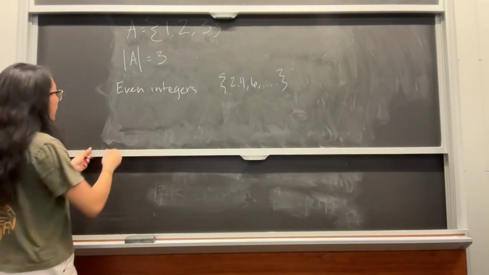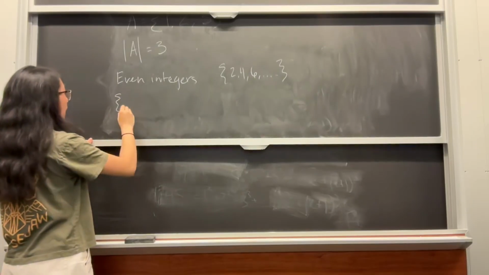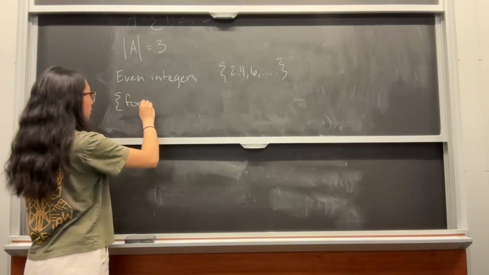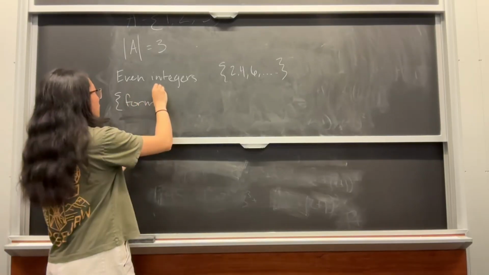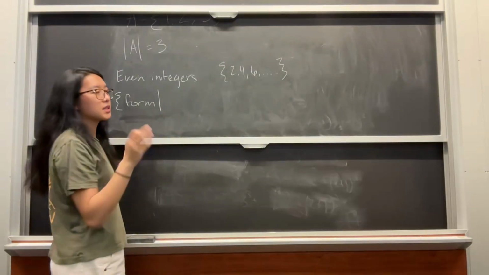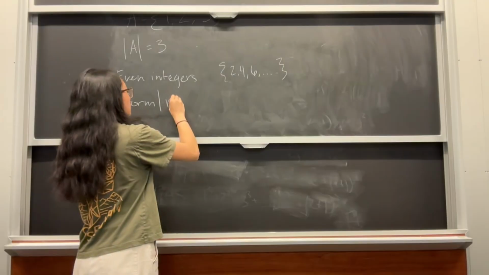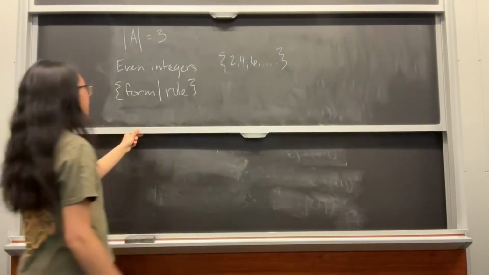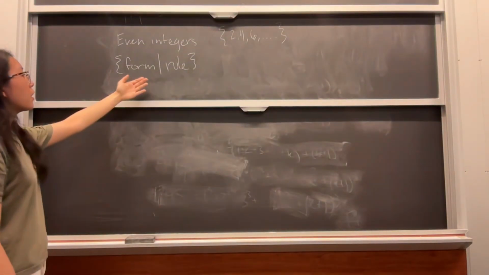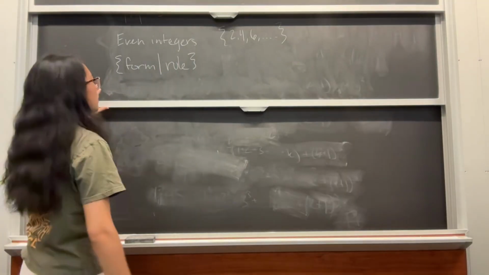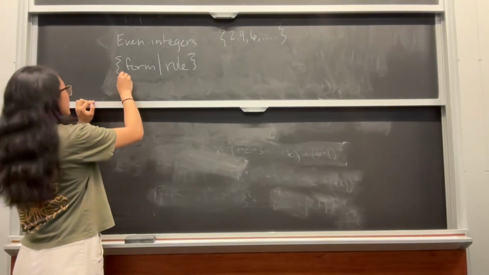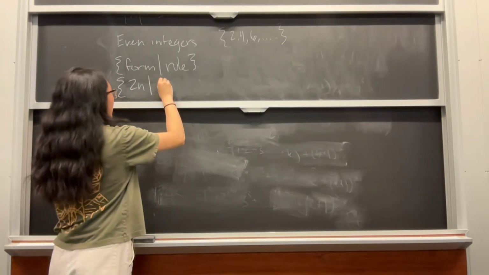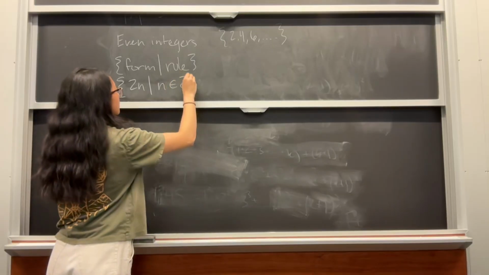And there is. We can describe it by giving an open curly brace and then giving some form that our values will take, a pipe, which represents such that it follows this rule, and then close that curly brace. So some form such that it follows some rule. And for even integers, I'm just going to tell you that the form is 2n such that n is an integer.